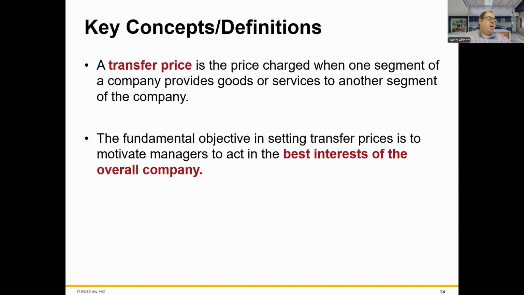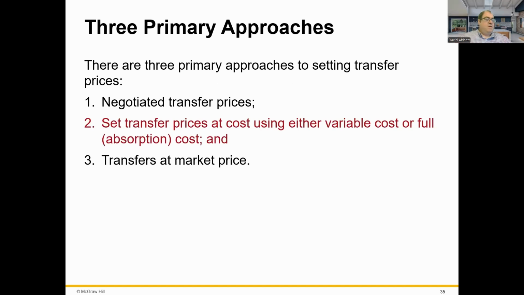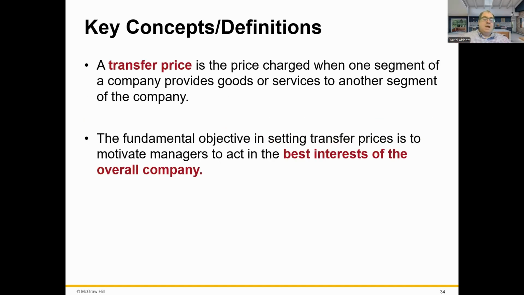The fundamental objective in setting transfer prices is to motivate managers to act in the best interest of the overall company. Sub-optimization occurs when managers do not act in the best interest of the overall company or even their own division. And remember that a good transfer price is one that induces division managers to do whatever is in the best interest of the entire company.